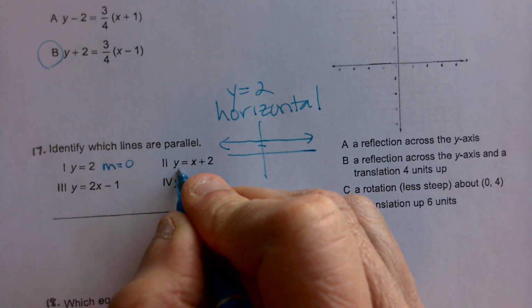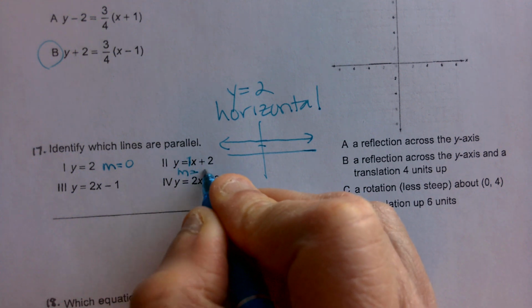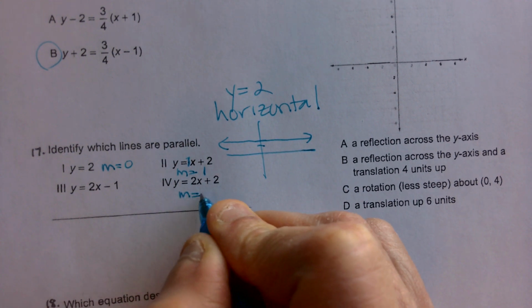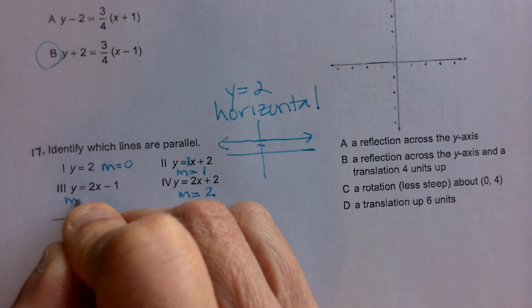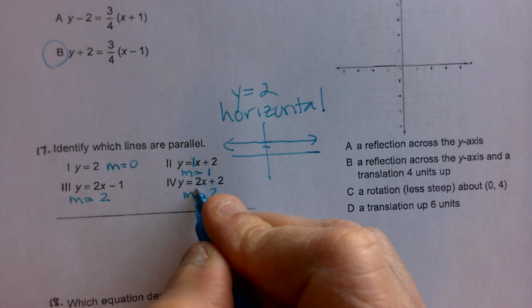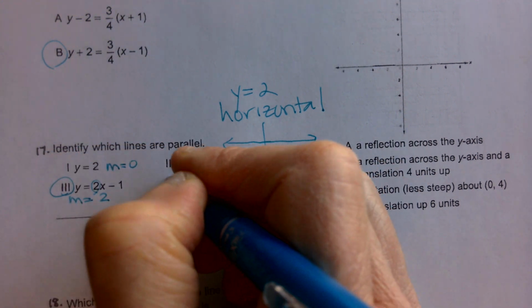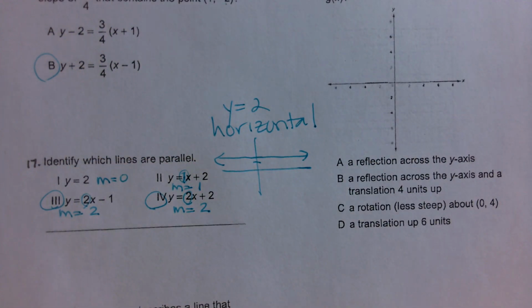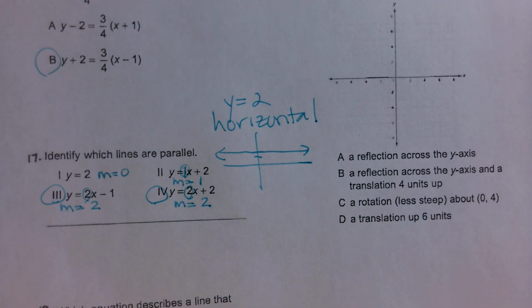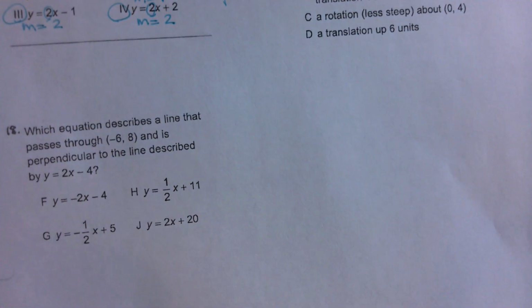What's the slope here? 1. What's the slope here? 2. What's the slope here? 2. So 3 and 4 are our answers there. That one was kind of easy. You didn't have to solve. Sometimes, remember, you have to solve to get it as y equals.